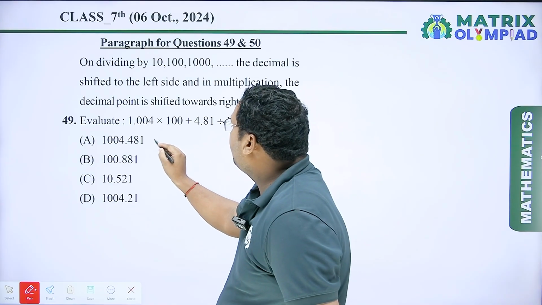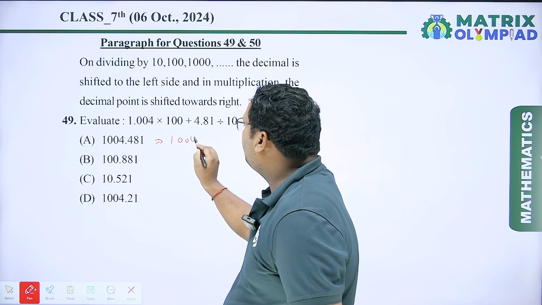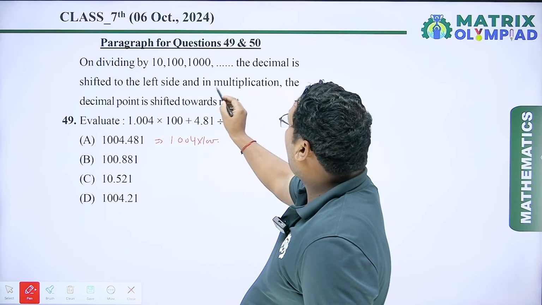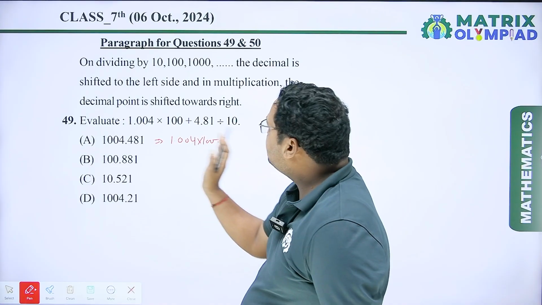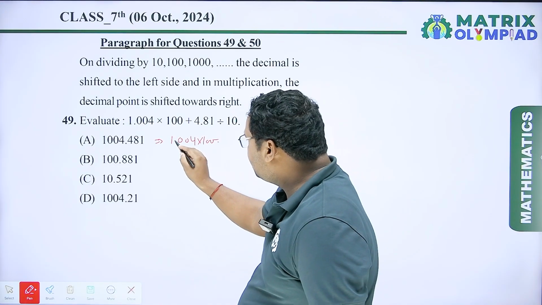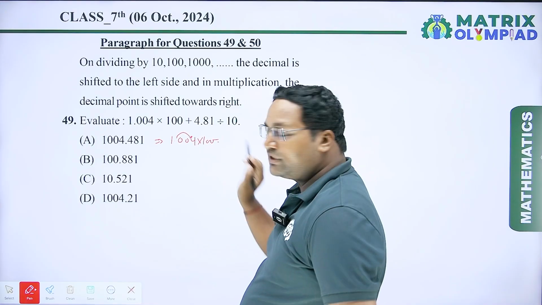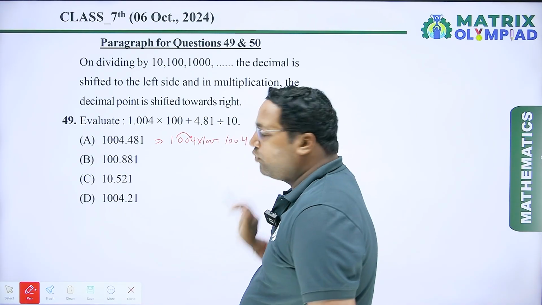First we have to solve this part, 1.004 into 100. In multiplication the decimal point is shifted towards the right. So here the decimal place shifted two places because the number of zeros is 2. So this value is 100.4.